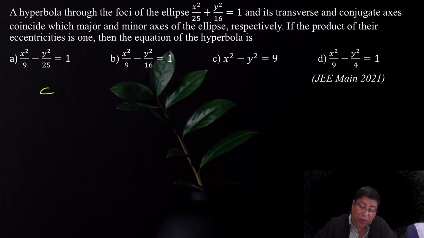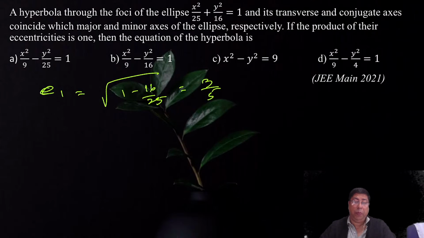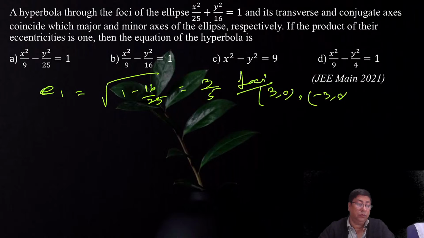So suppose E1 is the eccentricity. So 1 minus 16 by 25, that is coming to be 3 by 5. Now the coordinates of the foci are (ae, 0) and (minus ae, 0). It means the foci are (3, 0) and (minus 3, 0).